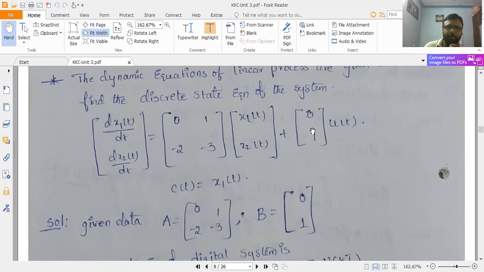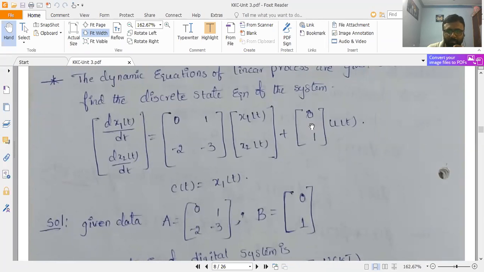This particular 2 by 2 matrix is called A, and this 2 by 1 matrix is represented as B, based upon the equation, comparing this 2 by 2 matrix as A and this matrix as B.